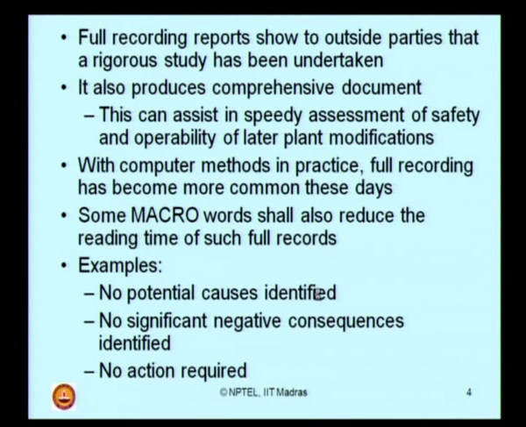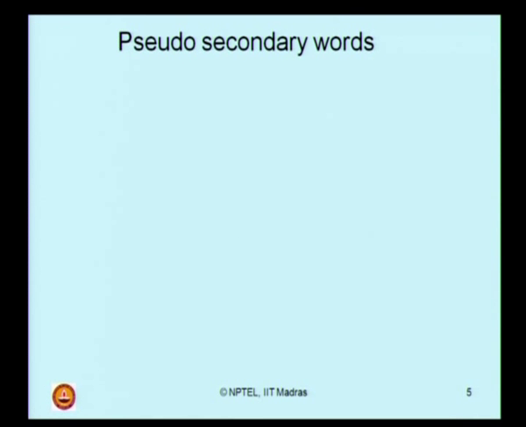In addition to macro words, let us quickly recollect, a Hazop report has a backbone of two kinds of words. What are they? Can you name them? The foremost important kind of word is what we call a primary keyword, which we saw in the previous examples. Followed by that, to support that is a secondary keyword.